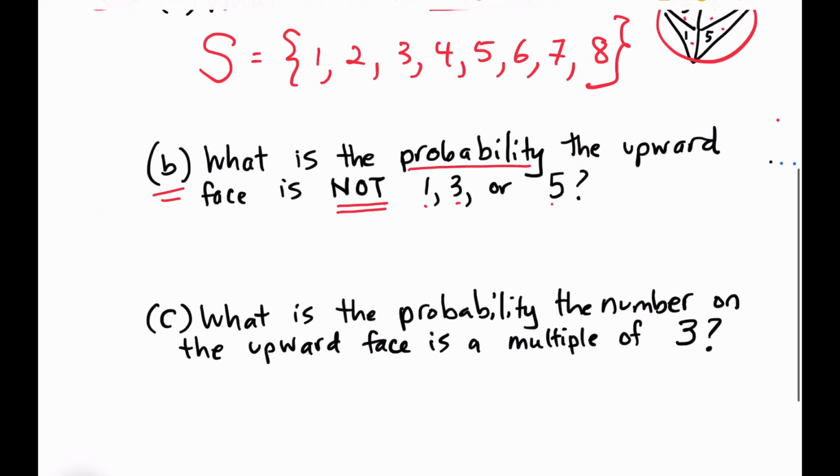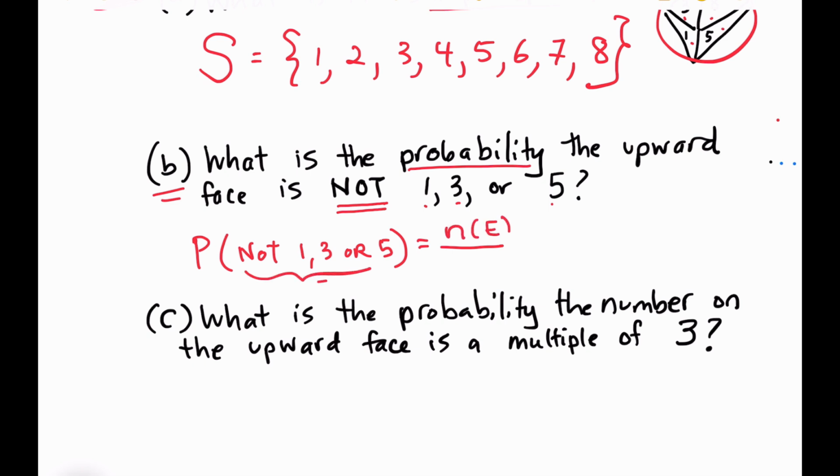I'm just going to call this event E, and the number of things in the sample space.